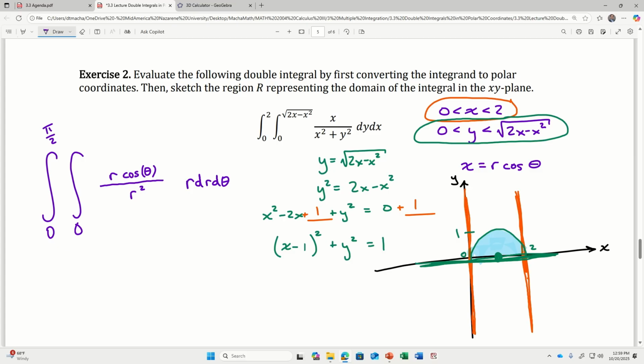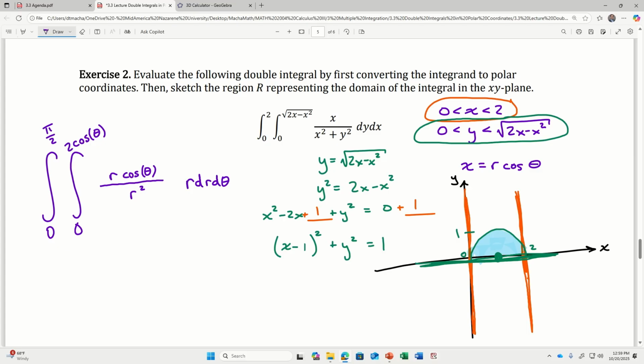The upper bound of r is a function of theta. I'll give you 3 seconds to guess it. Yeah, you're never going to guess it. The upper bound is going to be cosine of theta. No, the upper bound is going to be 2 times cosine theta.